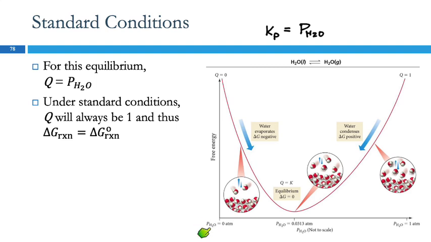If we have a partial pressure of water that's less than 1, then let's look at that. So delta G equals delta G 0 plus RT natural log of Q. Well, let's just say that Q is 0.5.